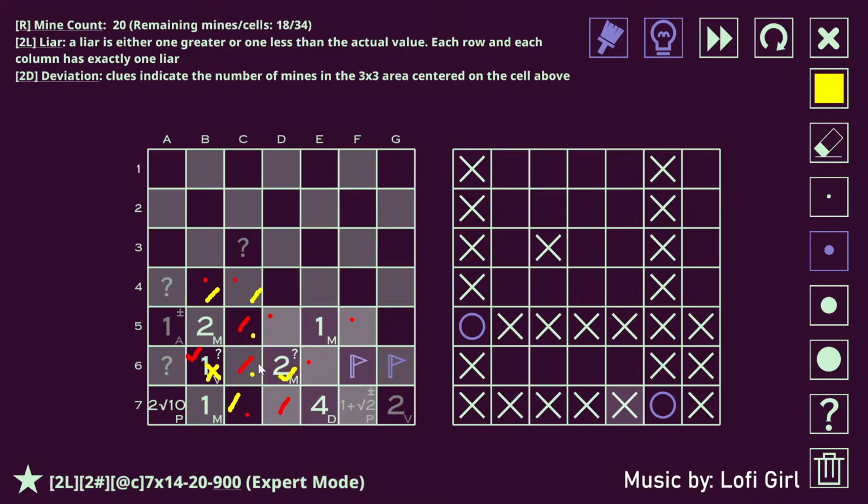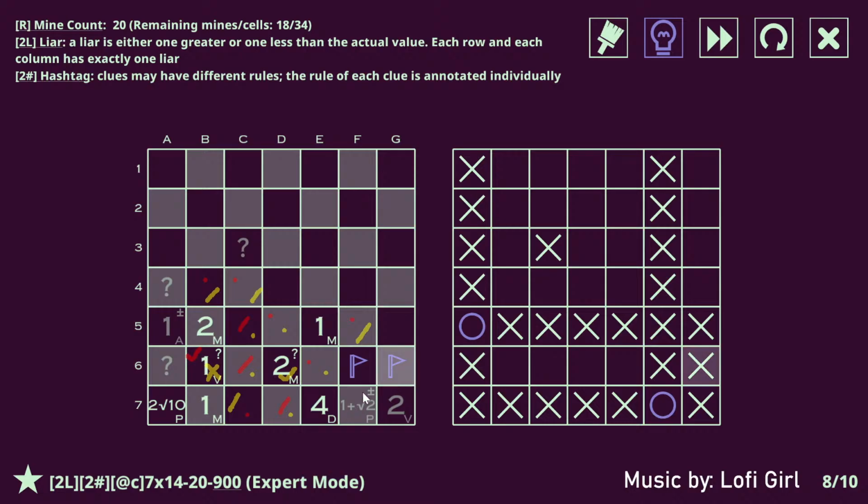Yeah, and so this 2, seeing 2 mines already, must now be a 5. And that will complete the 4 mines. This is empty. So this new round has given us more deductions.